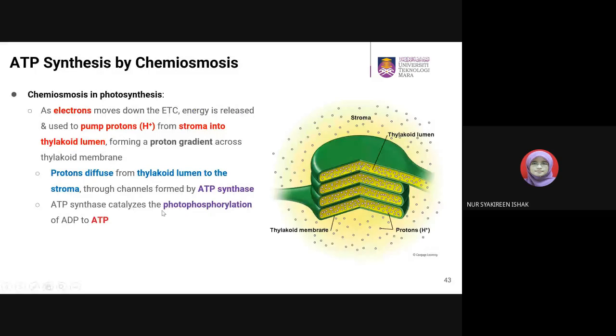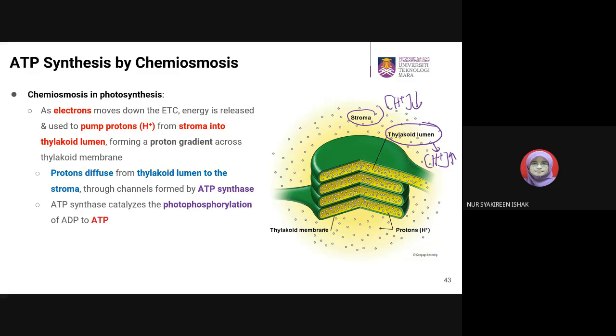Okay, so yang slide seterusnya ni nak explain pasal chemiosmosis lah kan. So ini kena fahamkan perbezaan concentration hydrogen ion dalam thylakoid lumen dan juga stroma. Ingat lumen will have high concentration of hydrogen ion, stroma will have low concentration of hydrogen ion.